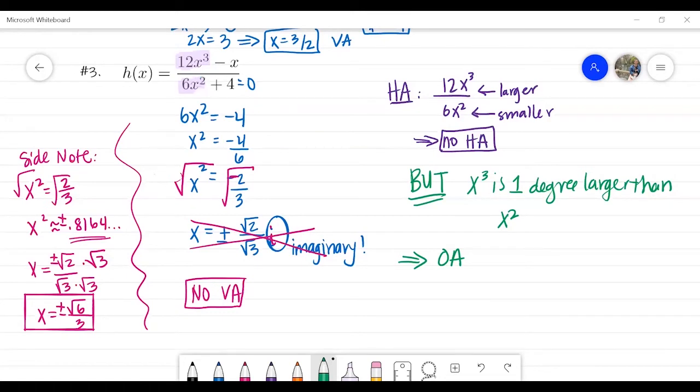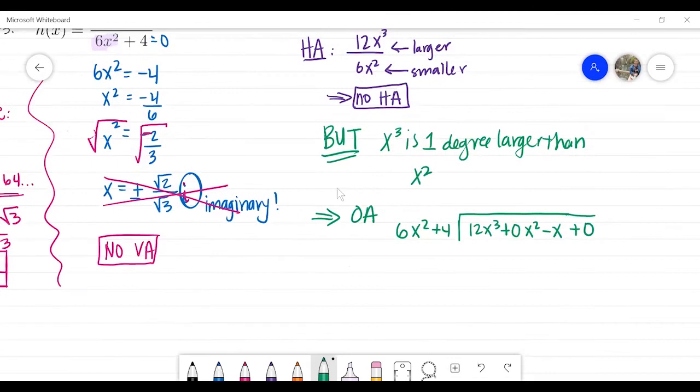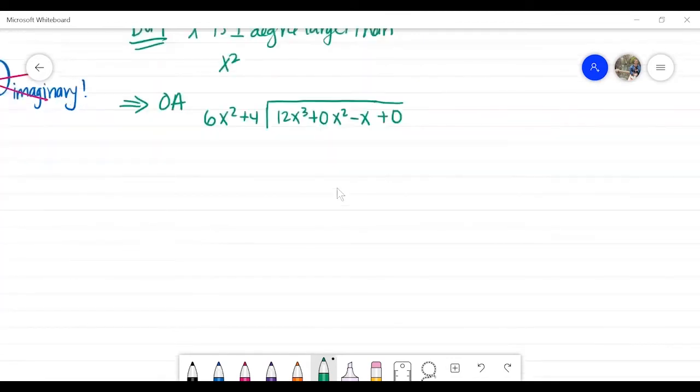So we've got 6x squared plus 4 going into 12x cubed. I'm going to put plus 0x squared minus x and 0 for the constant. And let me just scoot over so I have some more space. Okay, so we've done some of this before. Remember, our focus here is going to be on the first number. We're going to focus on the 6x squared and how that goes into each of our terms.